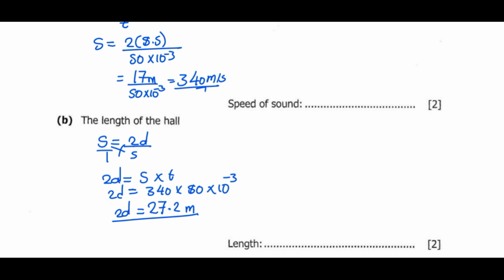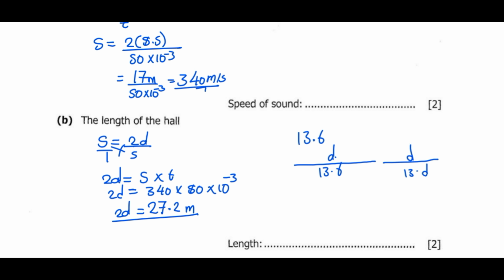You can know that 27.2 divided by 2 is 13.6. So 13.6, this means that the half is 13.6. We'll consider this as the distance. Then the other half will also be 13.6.